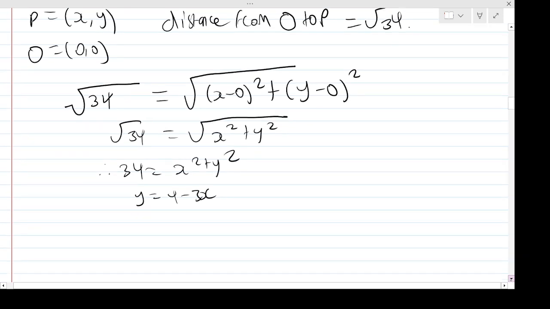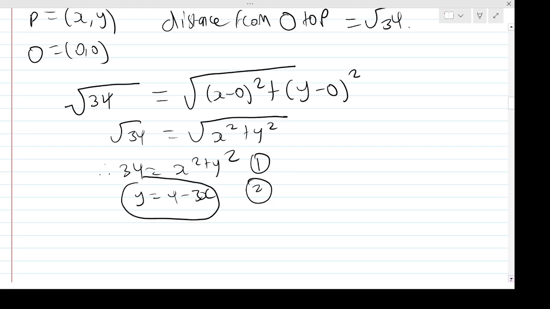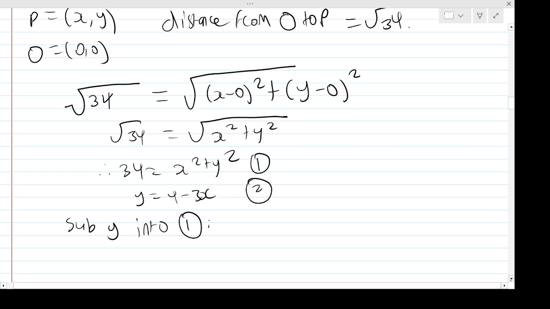I have two equations with y and x in, and I can solve them now to find x and y. If I call these equations 1 and 2, this is the quadratic simultaneous equations which we looked at earlier in the course. We can use substitution. Here we're already nicely given that y is equal to something, so I can substitute y from equation 2 into equation 1, to get 34 is equal to x squared plus 4 minus 3x, all squared.